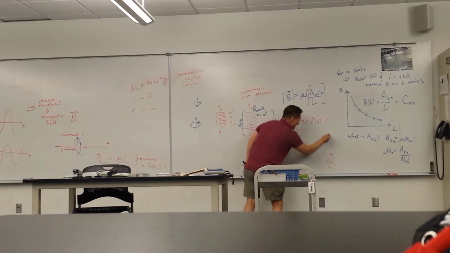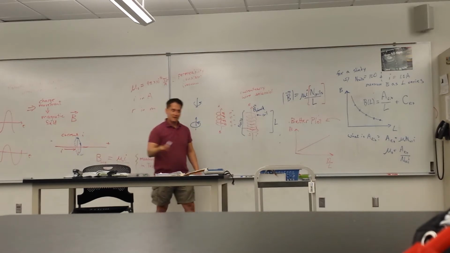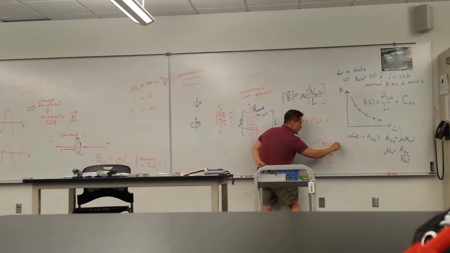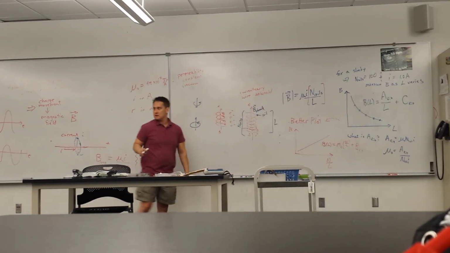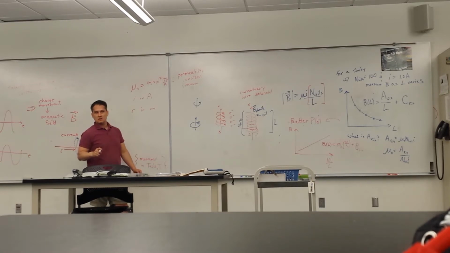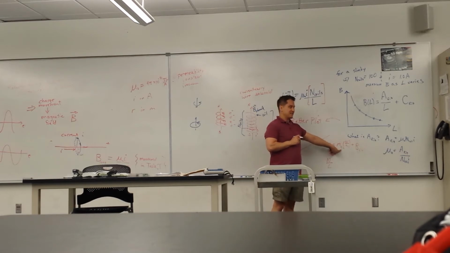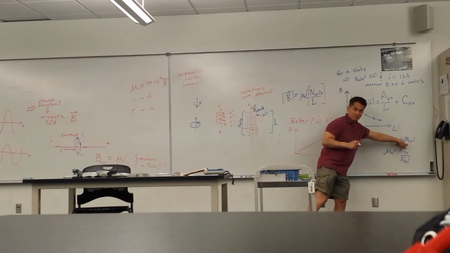This curve should look like this, the slope of which should give you something interesting. So B is now related to some fit slope times N over L plus some fit constant B, or y-intercept. What would the slope represent? What would be the significance of the slope? It should still be mu naught times I. No N now, but just mu naught times I.